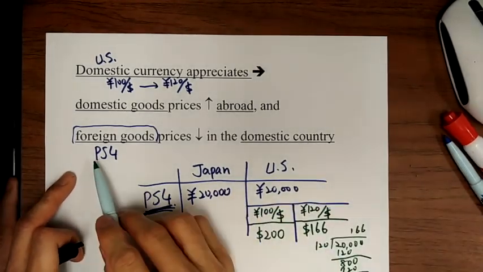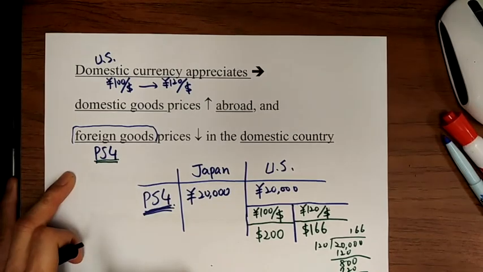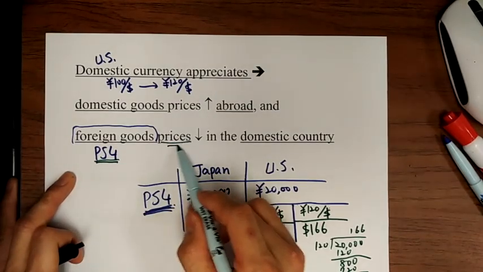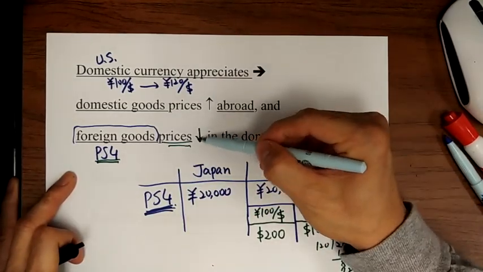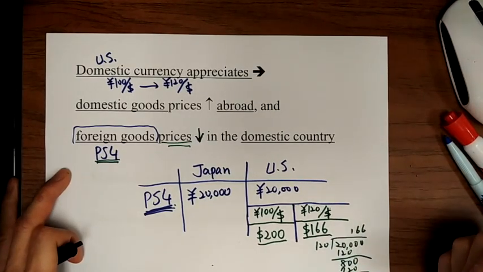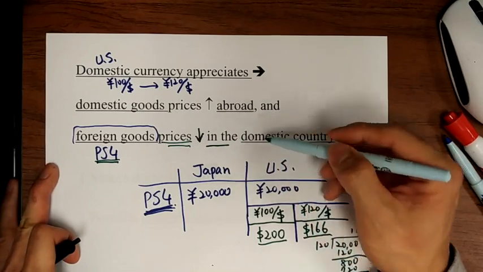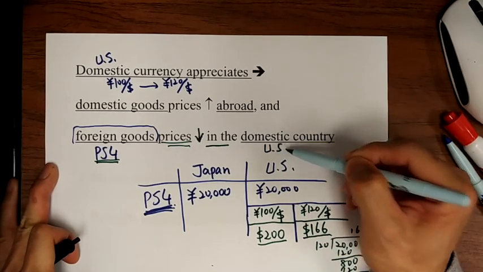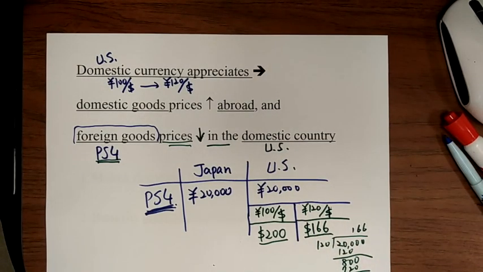Therefore, PlayStation 4 price drops from $200 to $166 in the United States. Are you happy?